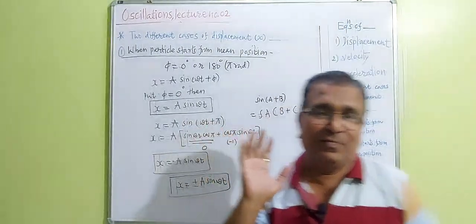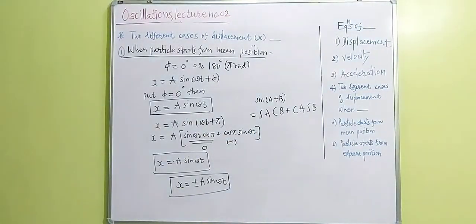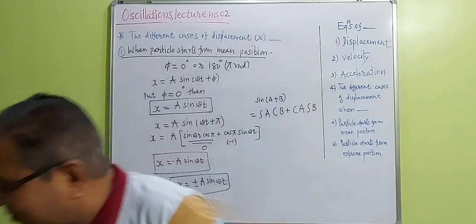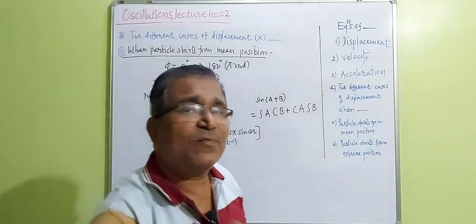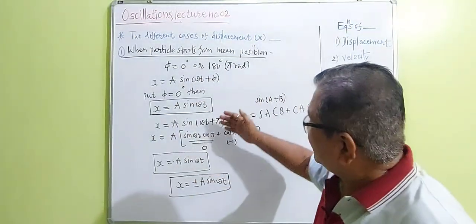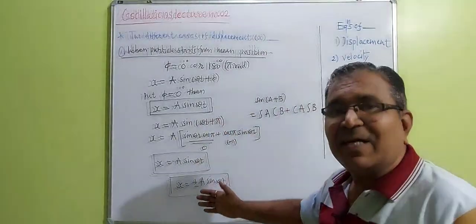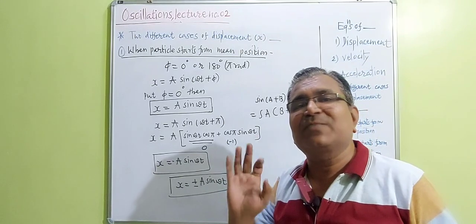That's all. So take a screenshot. This is the first case. Listen carefully, dear students: from an examination point of view, it is not necessary to derive all these formulae.